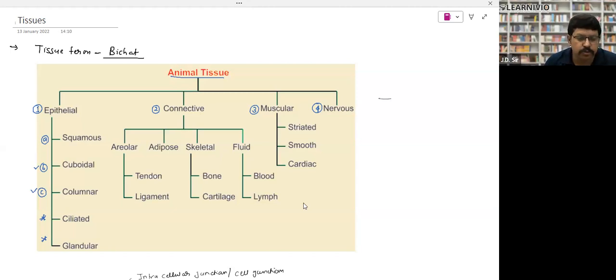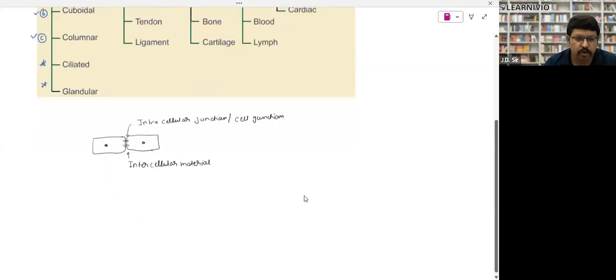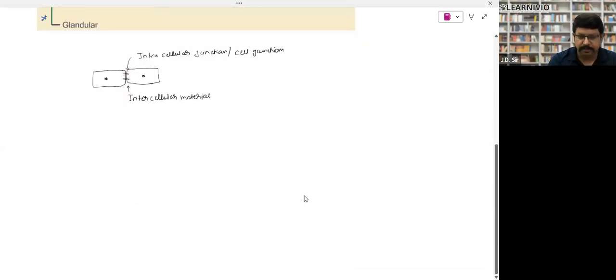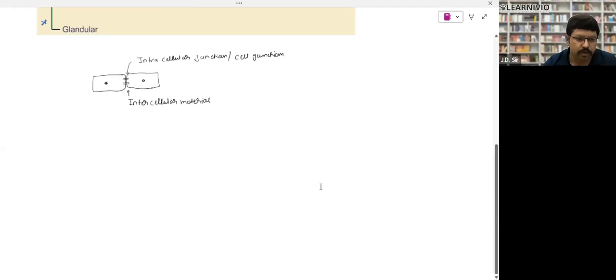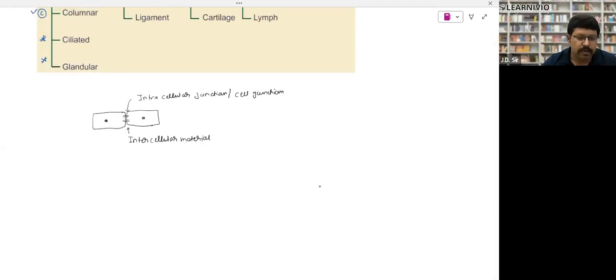Ciliated tissues are the modification of cuboidal or columnar tissue.